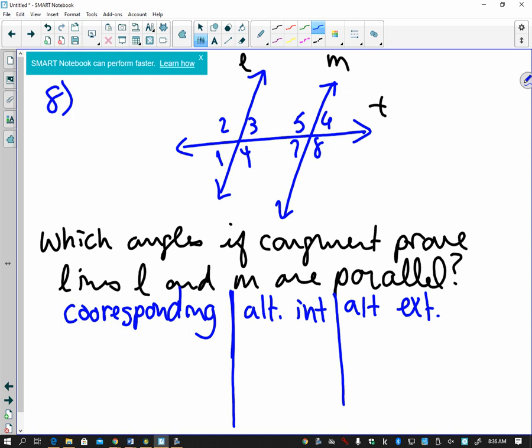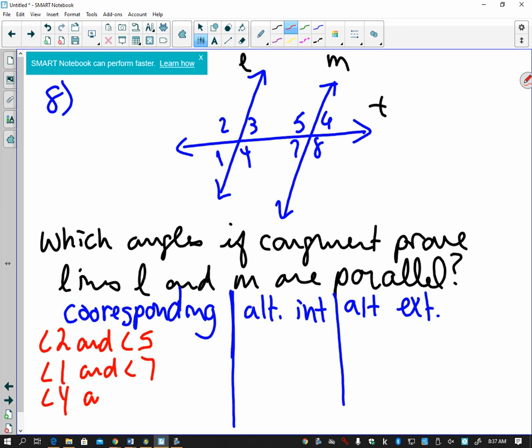Can anybody identify any corresponding angles? Angle 2 and angle 5, very good. 1 and 7. What else? 3 and 8? No. Oh, 4 and 8.